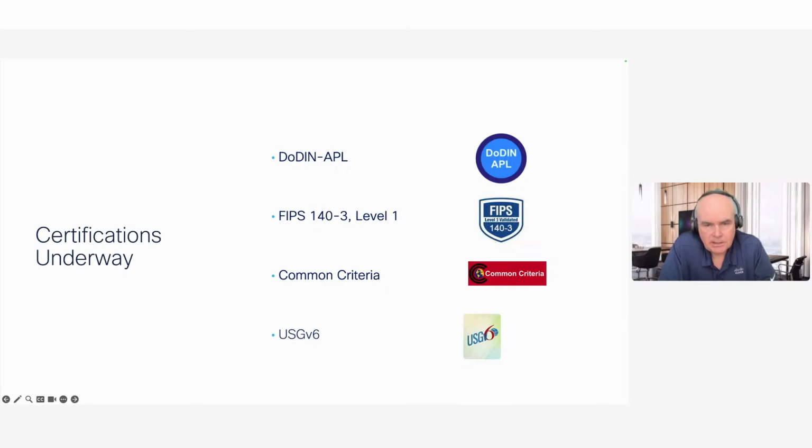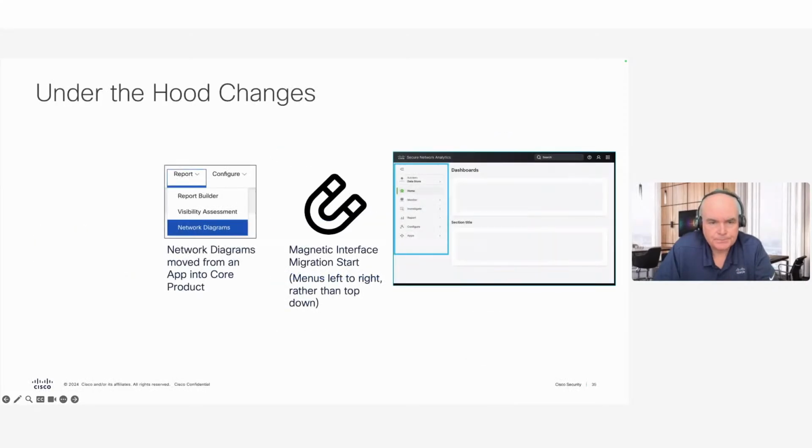Obviously, if you're not in the US federal government, it may not be top priority, but these are underway at the moment based on the 750 that we've talked about here. And that's the reason for the restrictions and IPv6 support. So you can see why we've done a lot of under-the-hood changes on this kind of release.